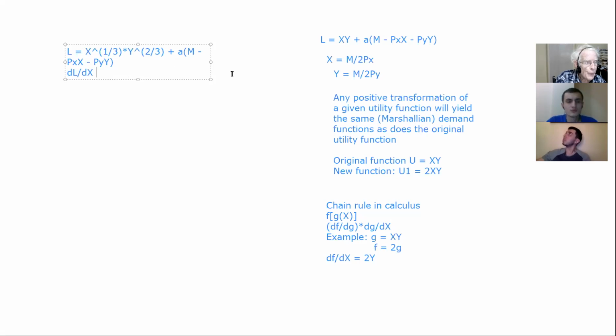So we have something like 1/3 times x to the power of minus 2/3 times y to the power 2/3, and then the budget constraint.